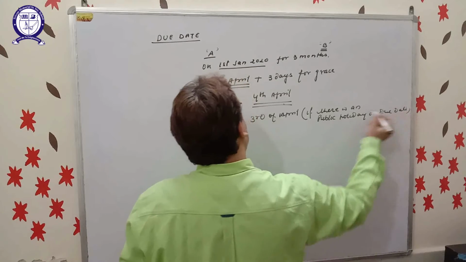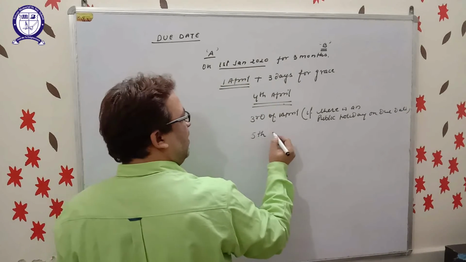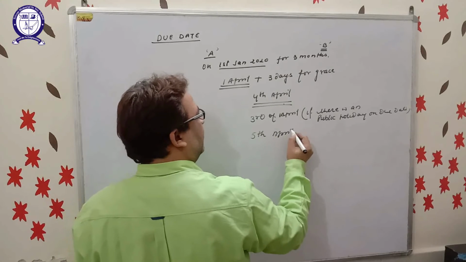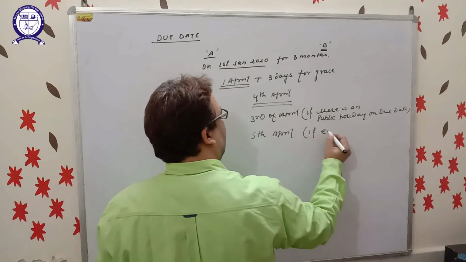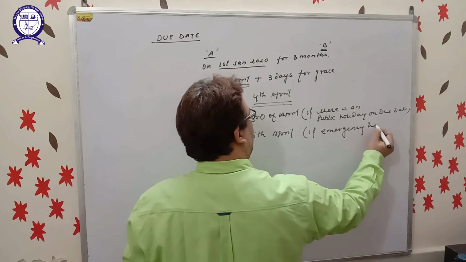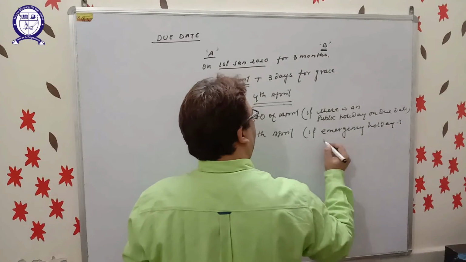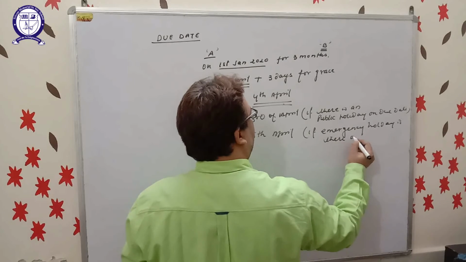And if there is an emergency holiday on the due date, the due date will be 5th April.